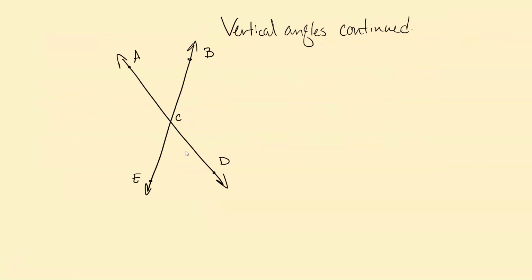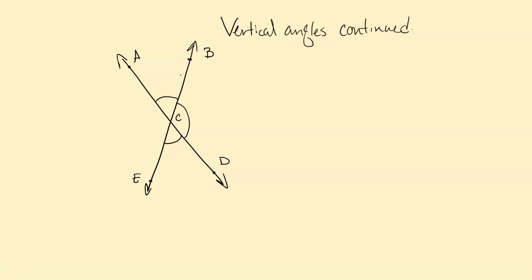Now, the reason vertical angles are interesting, so let's think about, so I have angle ACB here and angle ECD here. These are vertical angles. The reason they're important to us, if I think about how these angles are linear pairs with this angle BCD right here, we can come to an interesting conclusion.